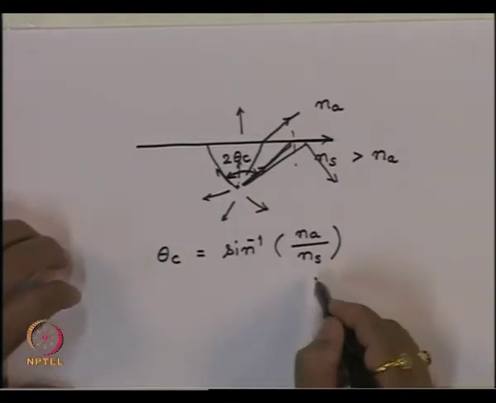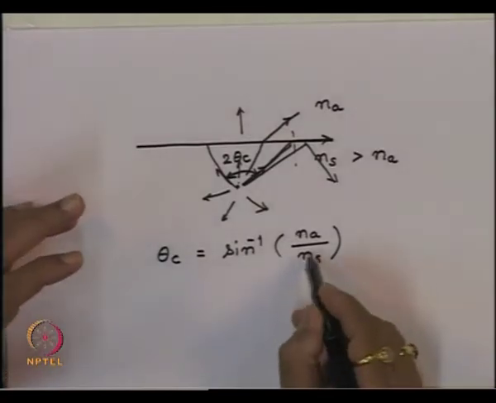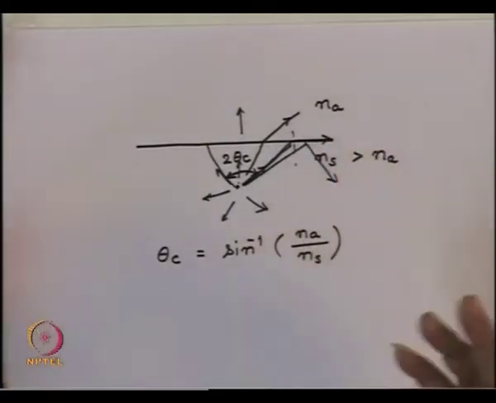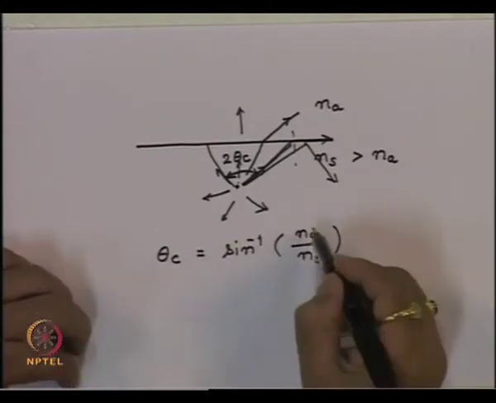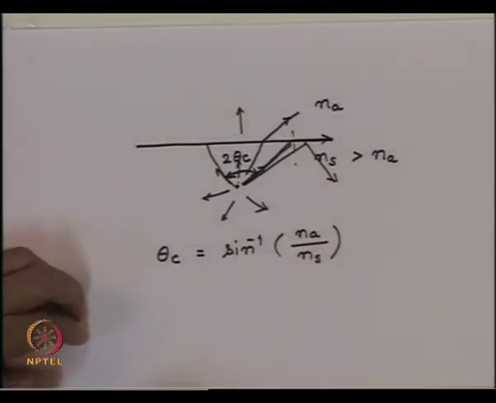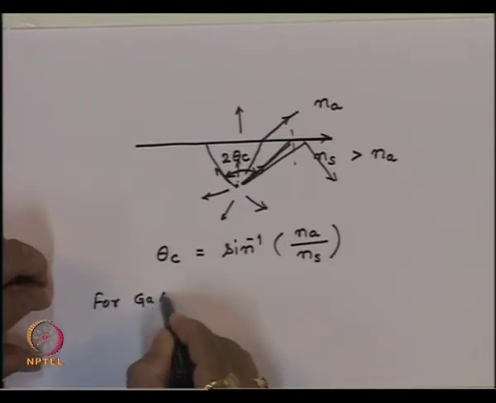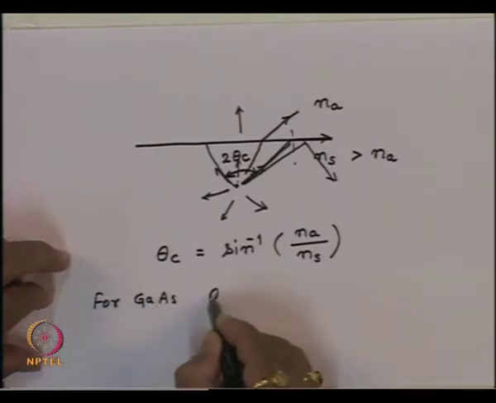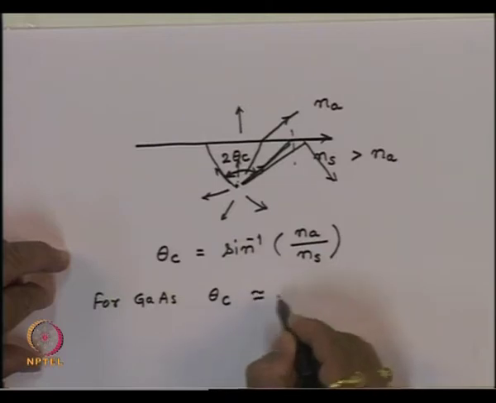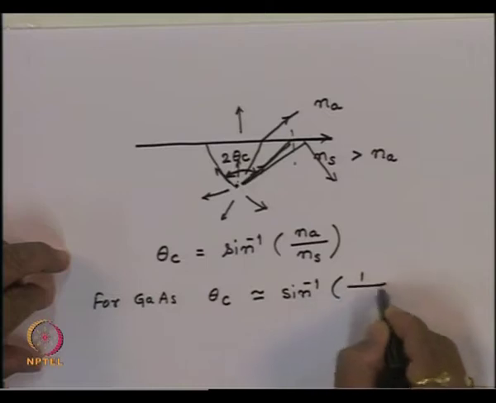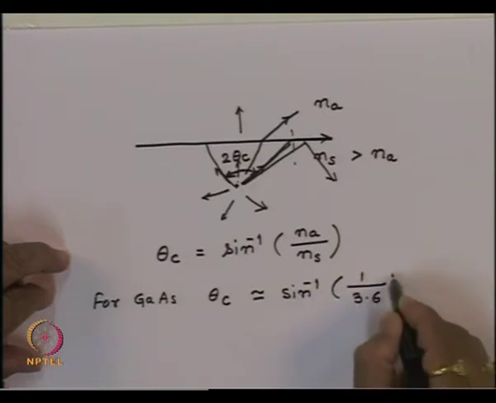And if I consider a material like gallium arsenide, this quantity is 3.6, and if I say that the photon is getting emitted in air, Na is equal to 1. So, for gallium arsenide, theta c is approximately equal to sine inverse of 1 upon 3.6.